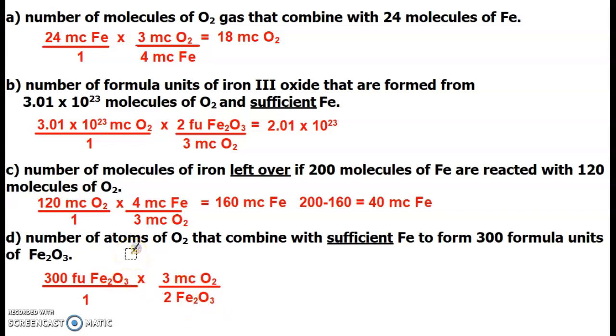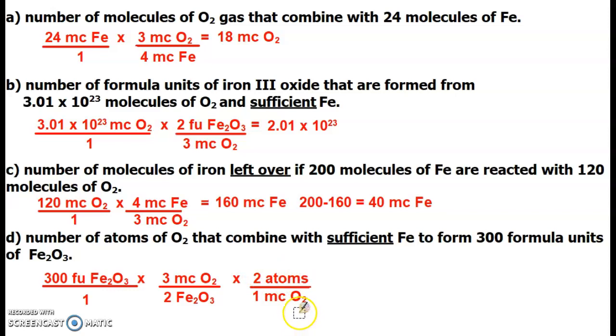I asked for atoms. And so what we have to do, and we're not going to do this very much, is really for me to make sure you understand the difference between an atom and a molecule. If you remember, atoms are the smallest part of elements that are still those elements, and molecules are the smallest part of compounds. We're going to say, well, in 1 molecule of O2, there are 2 atoms because of that little subscript right there.